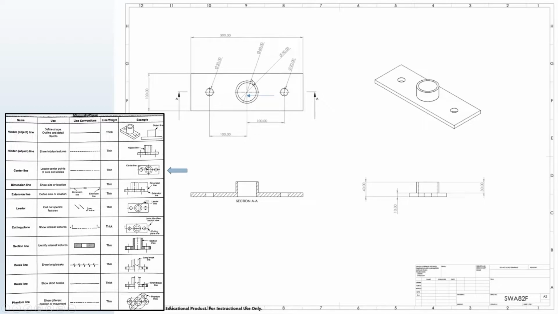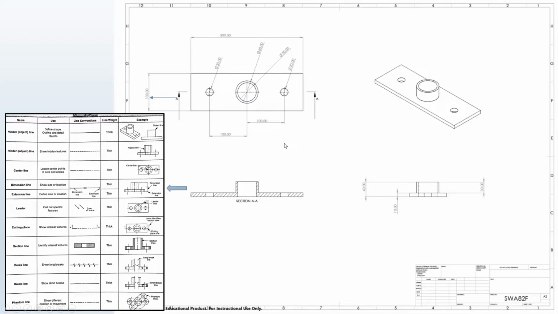In this case, they show not only the center of the object, but also designate the center of this hole, and you can see that over here too. Even though this isn't the center of the object, this is the center of the hole. So we have a line that runs through here and a line that runs through here, and these lines bisecting this circle are our center lines.